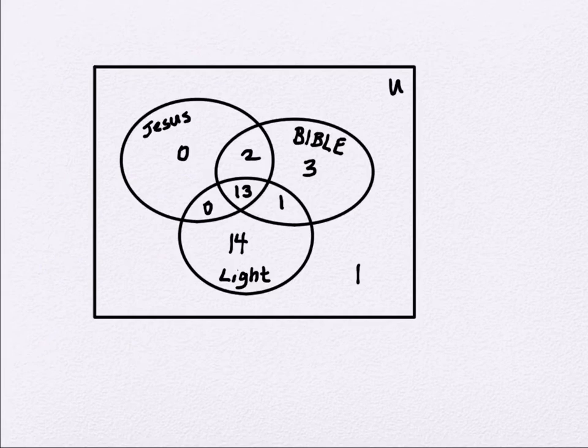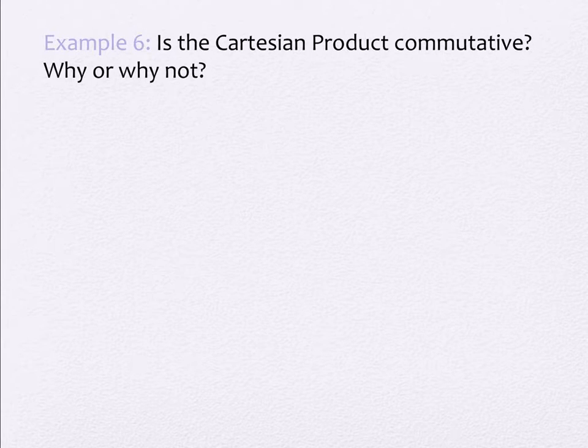Okay, one last question. Cartesian product. We mentioned this last time. Cartesian product takes elements from 2 sets and puts them in ordered pairs. So you have a set with people from my family, you have a set of people from my sister's family, and we pair people up in some fashion. Okay, we set up pairs. Is the Cartesian product always commutative?